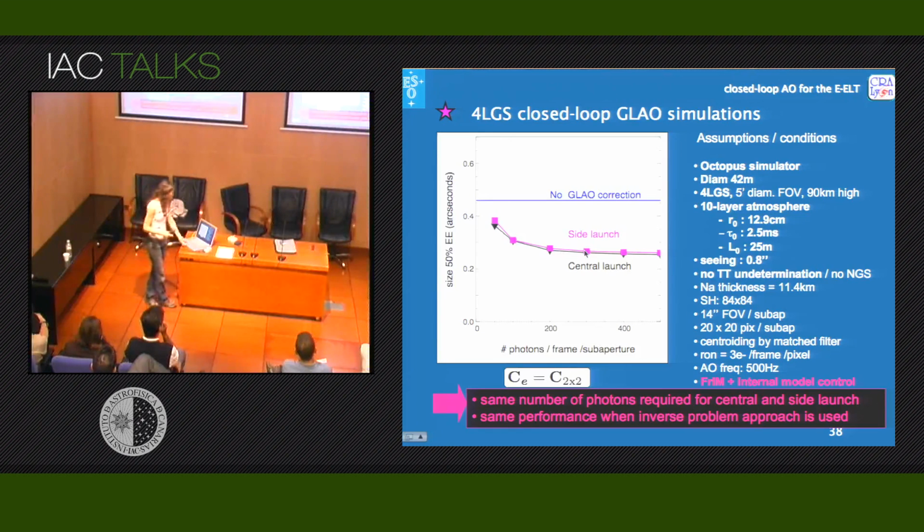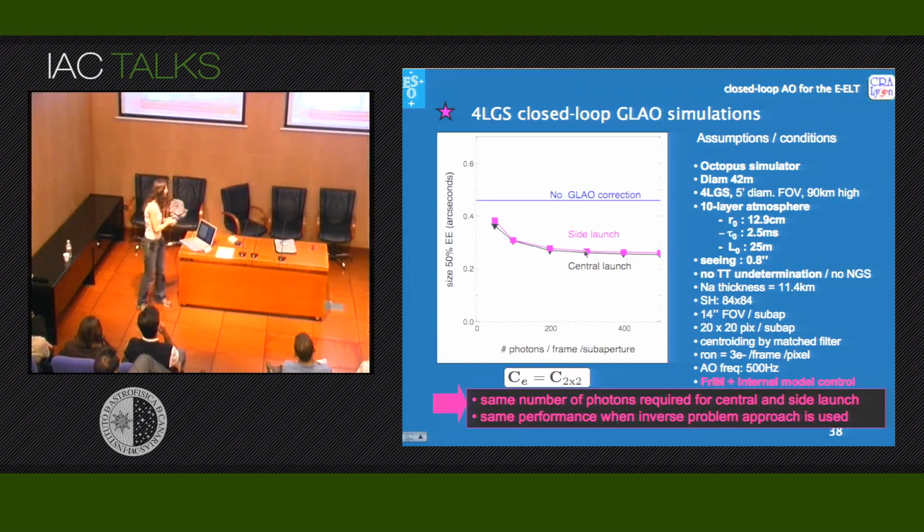And we could see that modeling correctly the statistics we know can help the system in its performance. And it's not only for wavefront reconstruction, but it has an impact on the closed loop control and performance of the AO system.